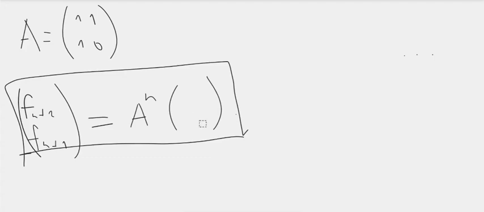So this is already in a way a formula for fn plus 2 and fn plus 1, but of course we don't know how to raise this matrix to the power n. And this is the problem now. So we reduced the problem of finding the formula to the problem of raising this matrix A to the power n.